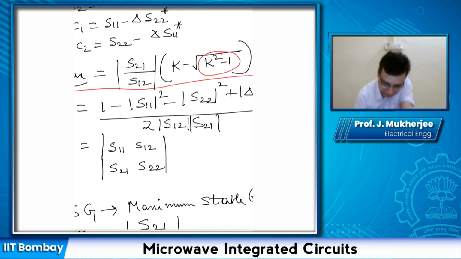basically what we are doing here is we are just plugging k equal to 1 in this equation. The reasoning being, if k is greater than 1, then the system is stable. If k is lesser than 1, the system is potentially unstable.